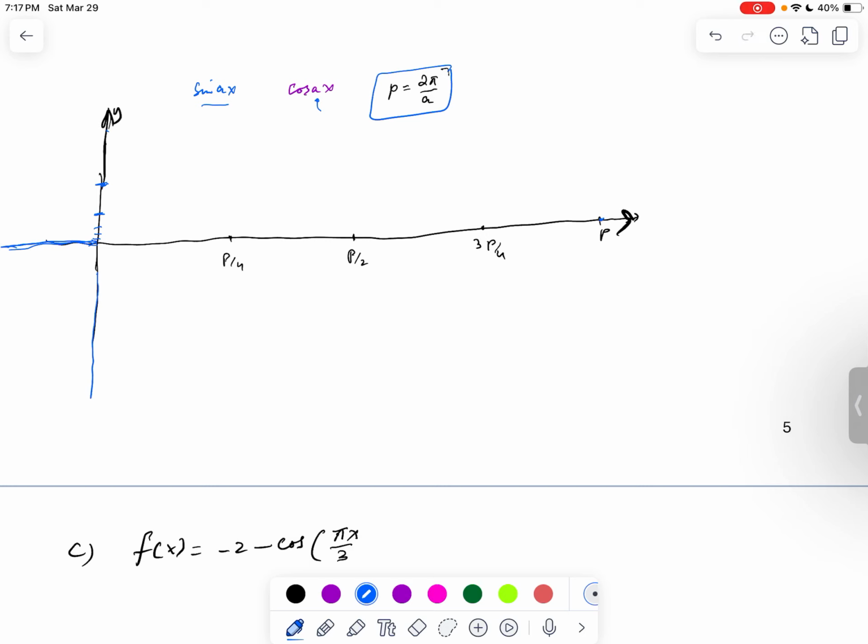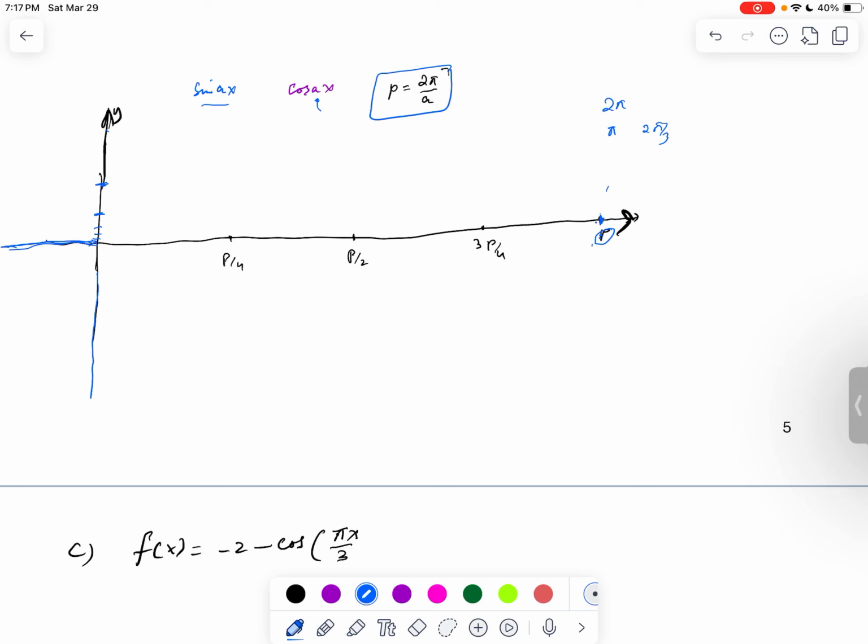If p is 2 pi, you put 2 pi. If p is pi, you put pi here in place of p. If it is 2 pi over 3, you put 2 pi over 3. So whatever your p is, you will put that at the same point, one big step.